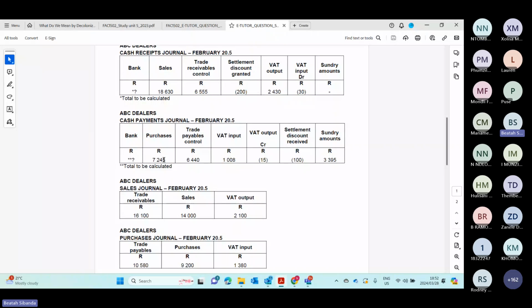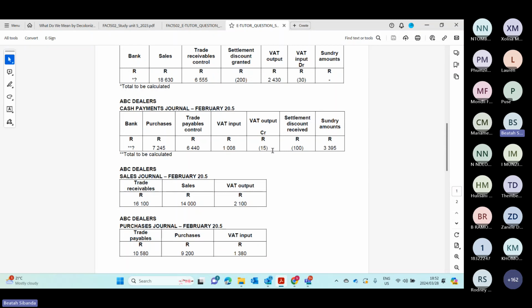The 7,245 relates to the cash purchases. The trade payables control is what we paid for what we had initially purchased on credit. And then the VAT input, this is the portion of VAT on the purchases, and then the VAT output.